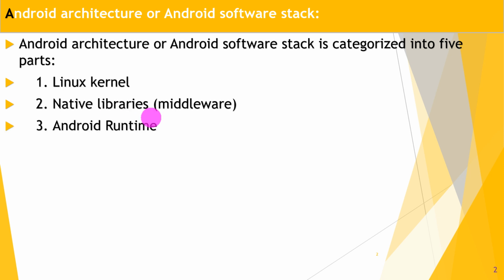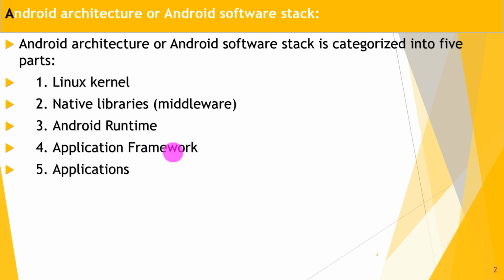The third part of the Android software stack is the Android runtime. Next is the application framework, that is the fourth part, and the last part of the Android software stack is applications.